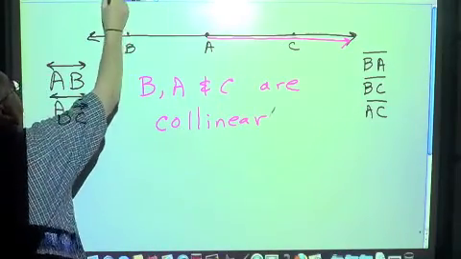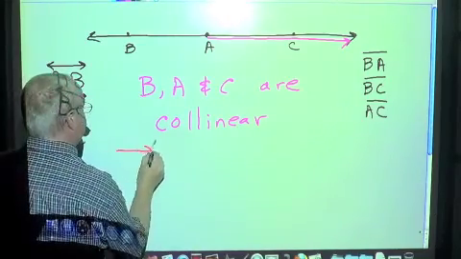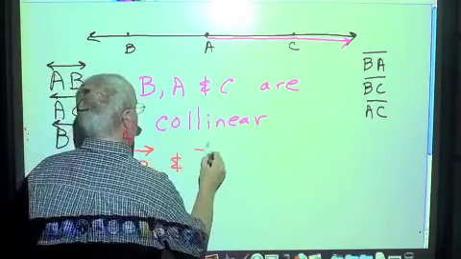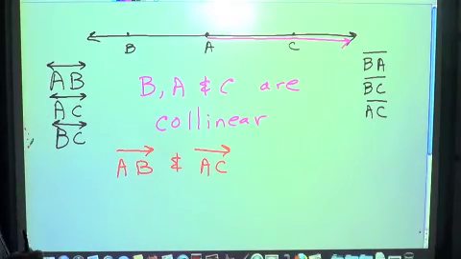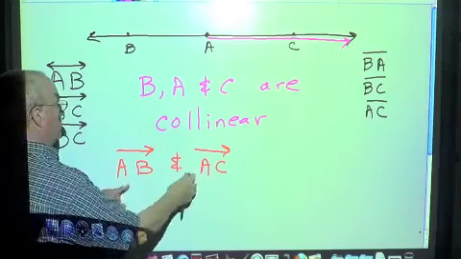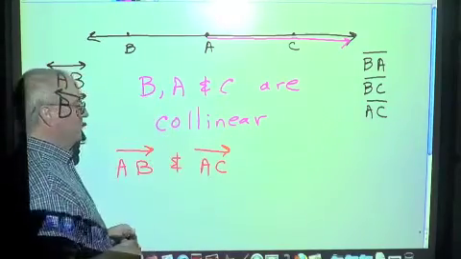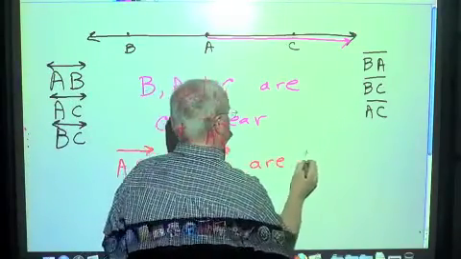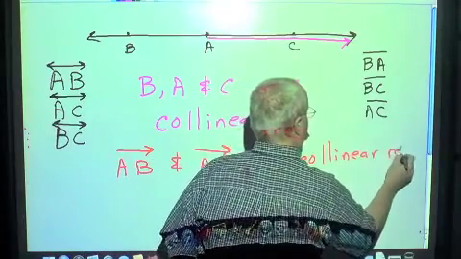Okay? Alright? Let's look at ray AB and ray AC. What do we notice about them? What do they have in common? They both have the same endpoint, and they have points that are collinear. These are collinear rays.